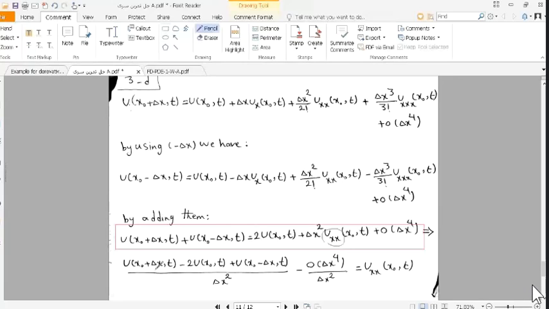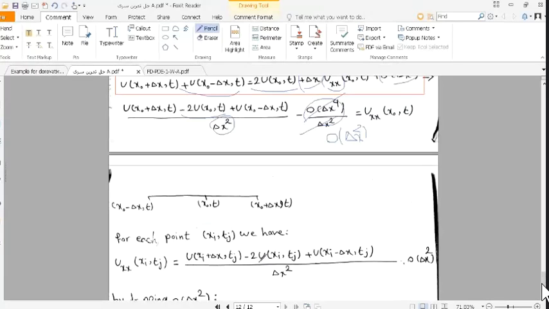The result formula is uxx at each point such as xi and tj, u at xi plus delta x and tj, minus 2u at xi and tj, plus u at xi minus delta x and tj, over delta x2, plus O of delta x2.